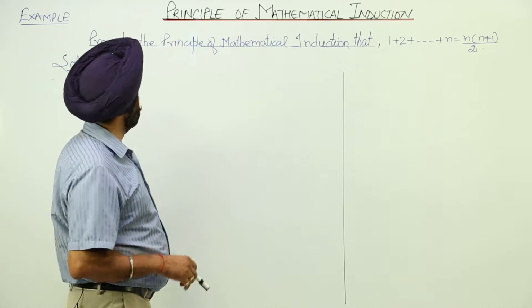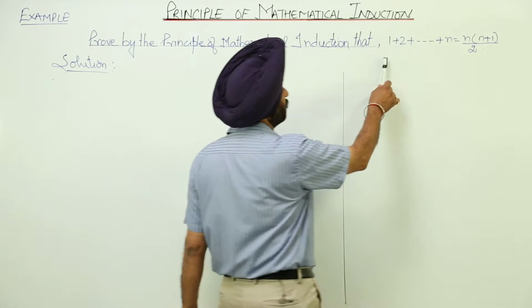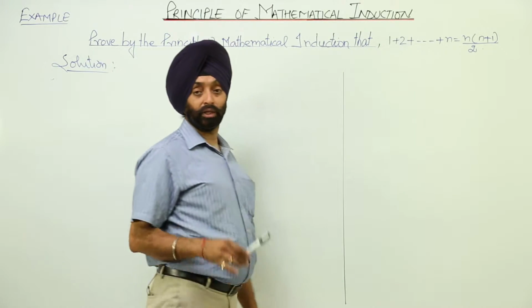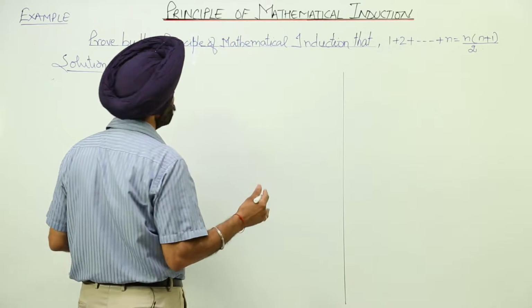And a very simple example we are having. Prove by the principle of mathematical induction that 1 plus 2 plus ... plus n is equal to n times (n plus 1) upon 2. So, how to start it?